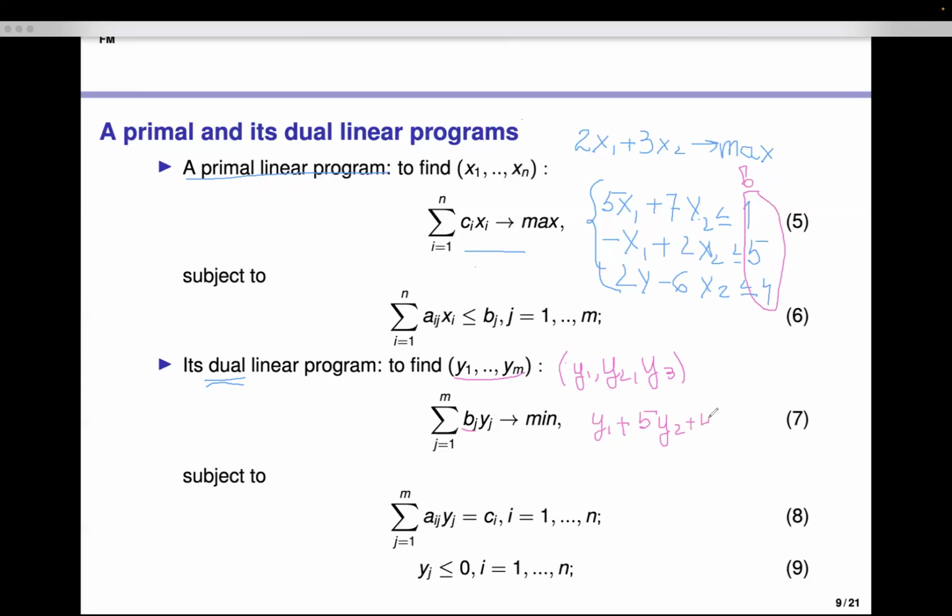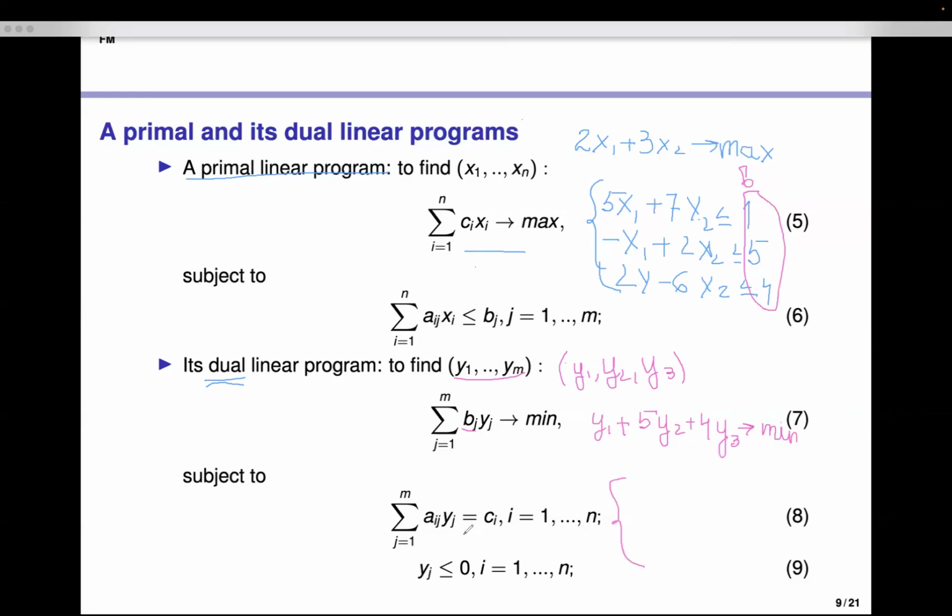And I need to write whether I would like to maximize or minimize this function. Minimize, thank you.